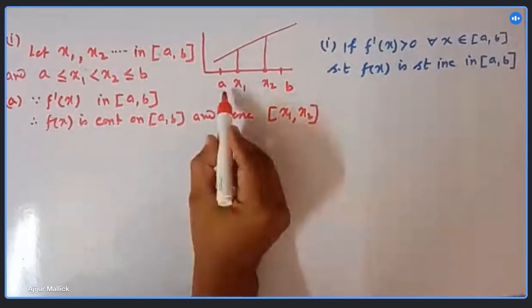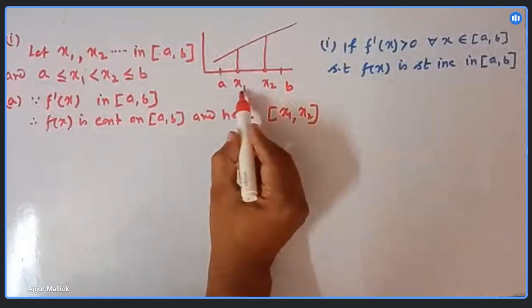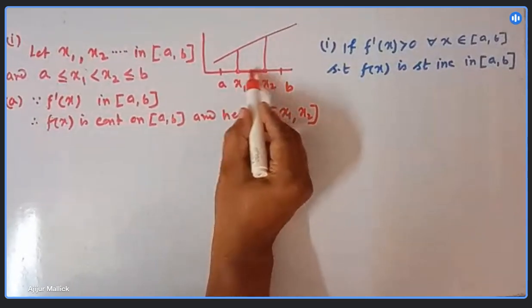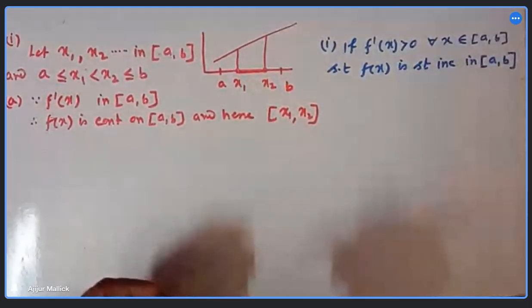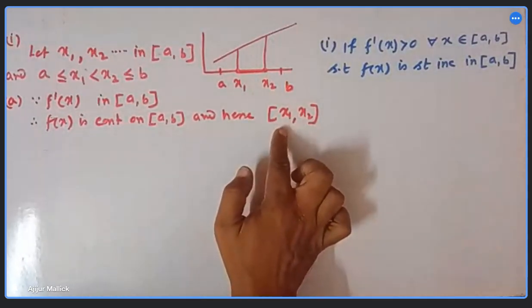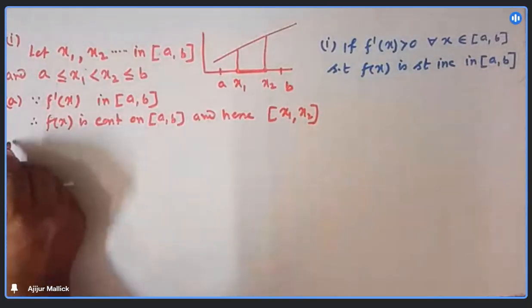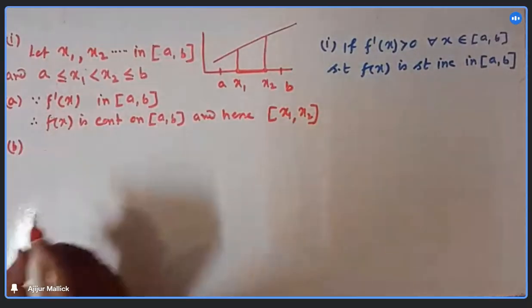If it is continuous in closed interval AB, then obviously it will be continuous on closed interval [x1, x2]. Is it clear? Yes, sir.